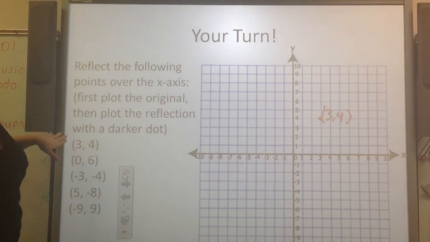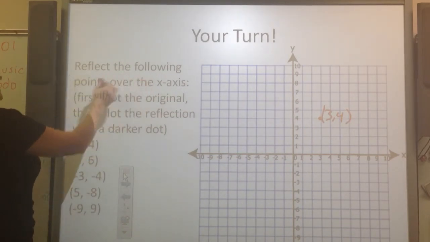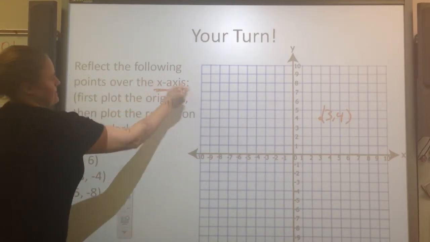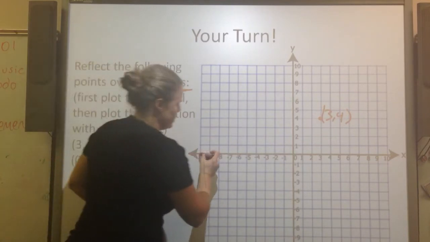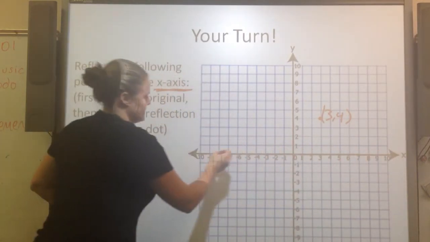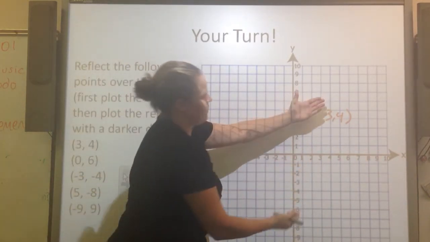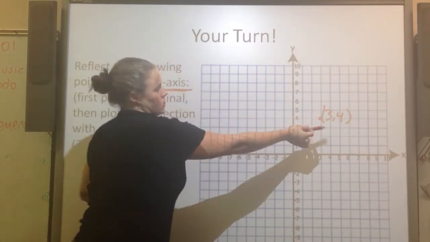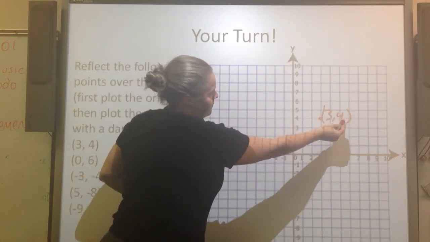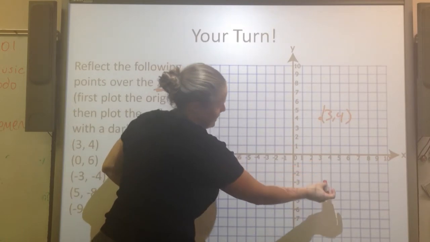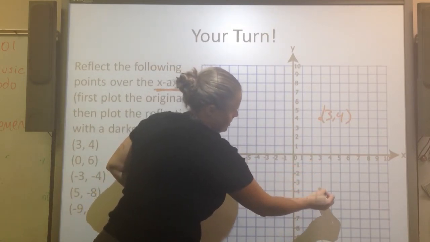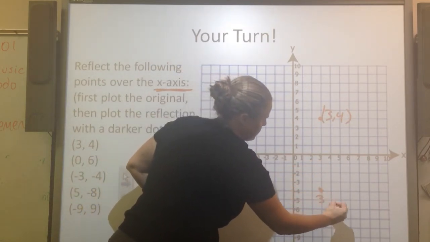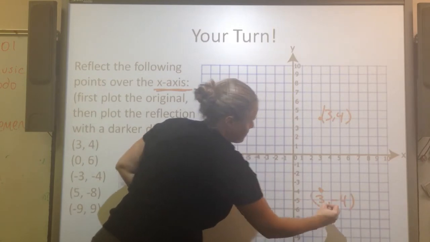This says reflect the following points across the x-axis. My x-axis is right here, so I'm reflecting across this one. Basically I want to flip it over. If I have a positive 3 and a positive 4, I'm going to have a positive 3 and a negative 4 this time. So that's going to be (3, -4).